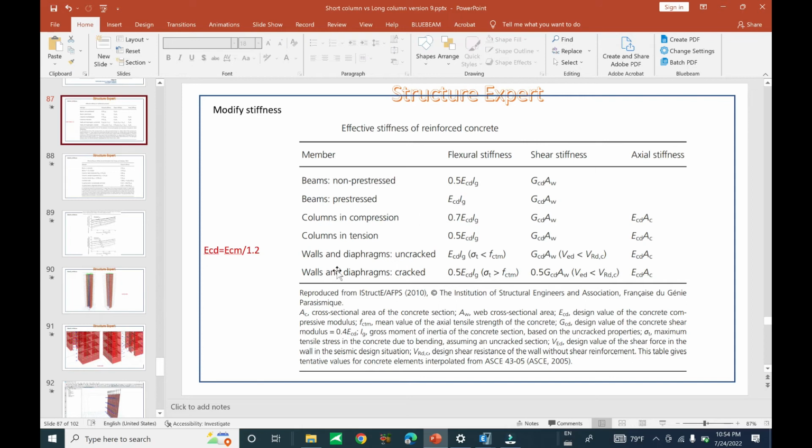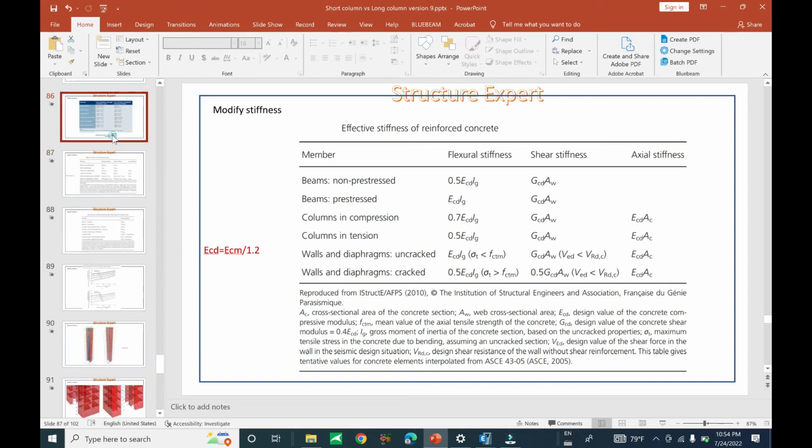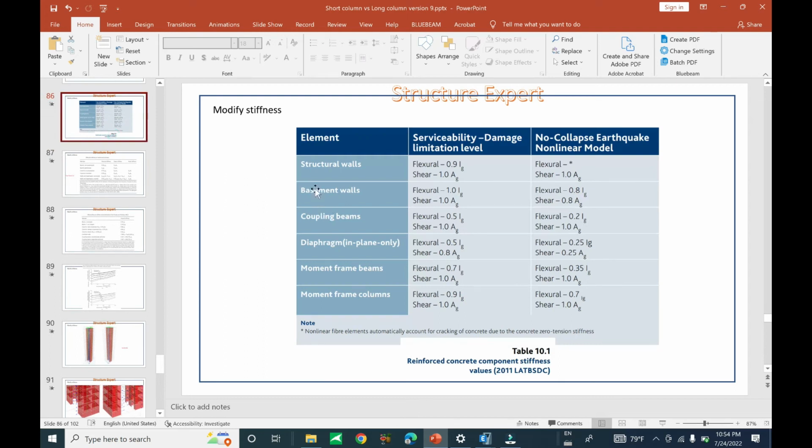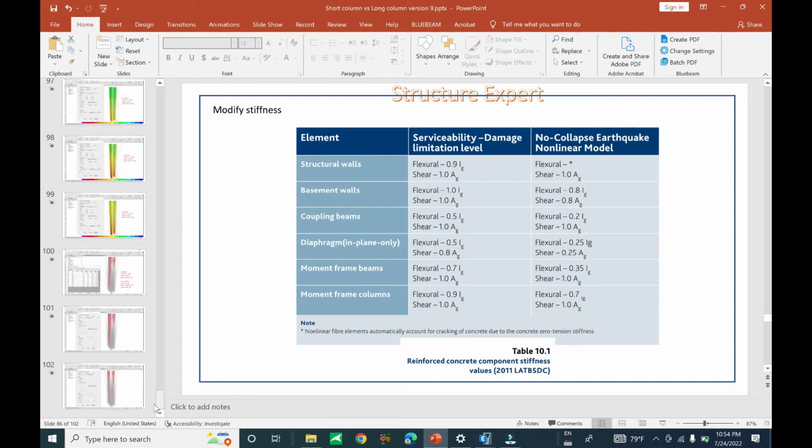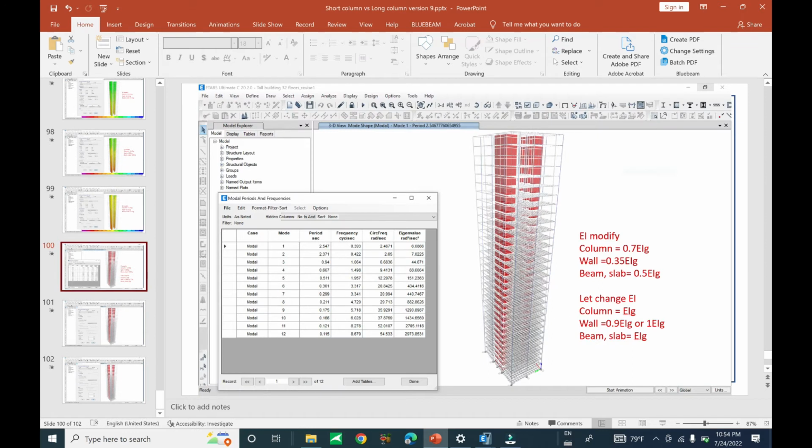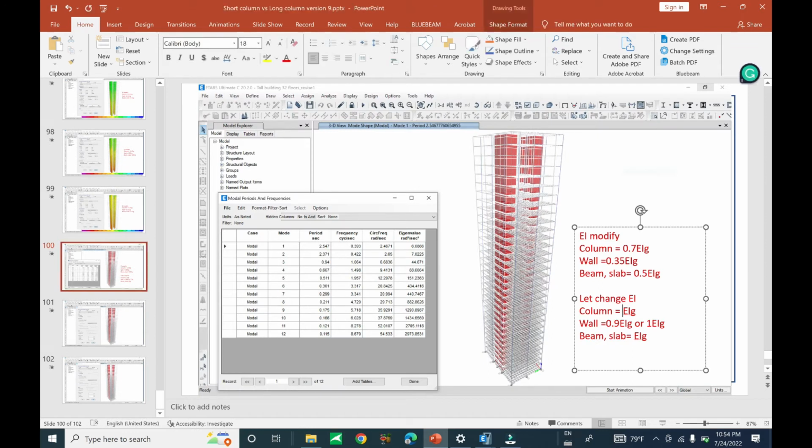You can check in the model. And for the beam, you can keep it 0.7, and the column you can use 0.9. In this case, column you can use 0.9, and beam slab you can keep 0.7. Okay.